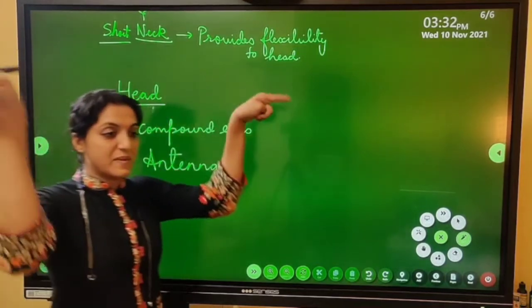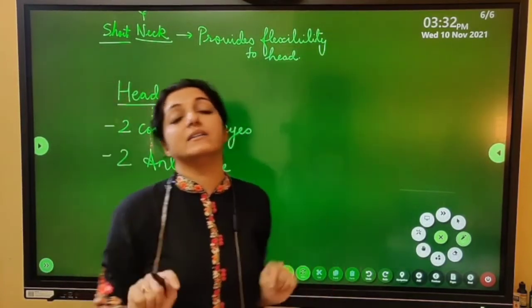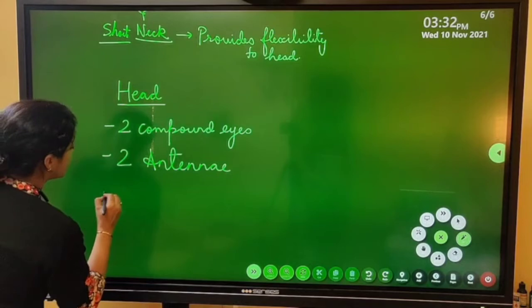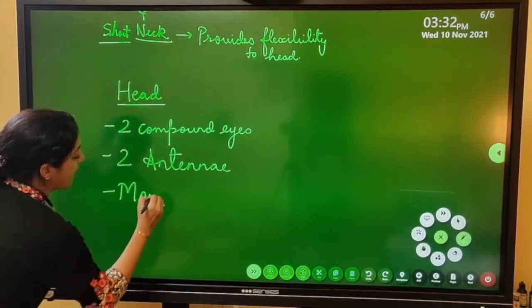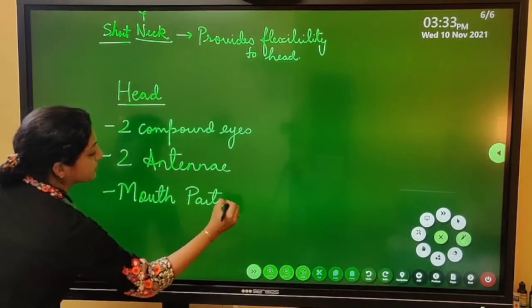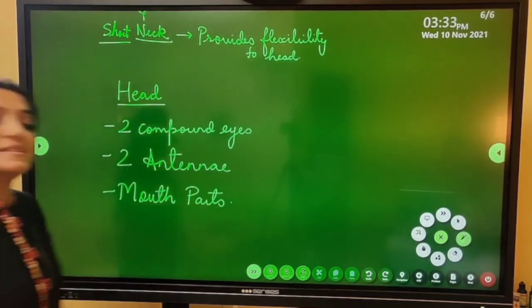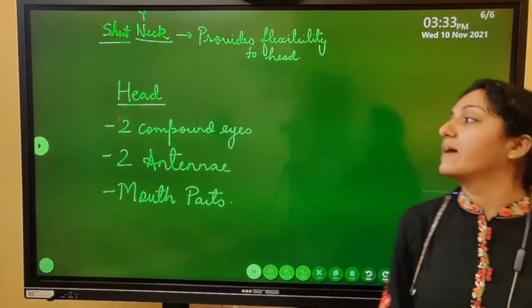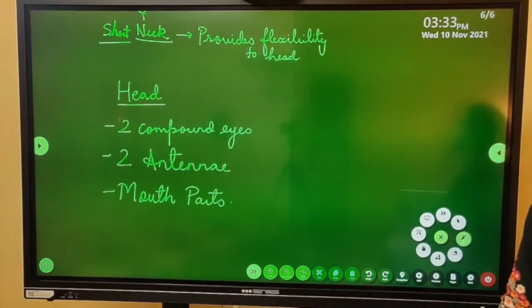Those long structures which we can see on the cockroach are the antennae. All right. And it will have the mouth parts. The detail of this we will see in the coming lectures. The head will have two compound eyes, two antennae, and the mouth parts.